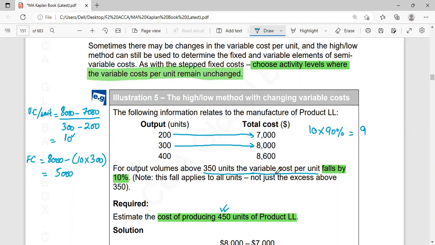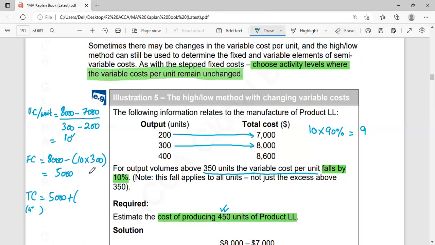And for below 350 units, it would be 10. So I will calculate total cost. Fixed cost is 5,000. I need to calculate the total cost at 450 units. So plus what variable cost per unit will you be taking? It's 9.